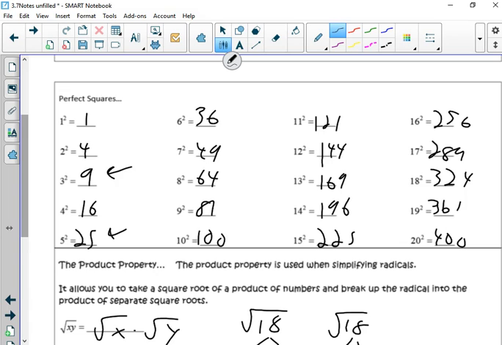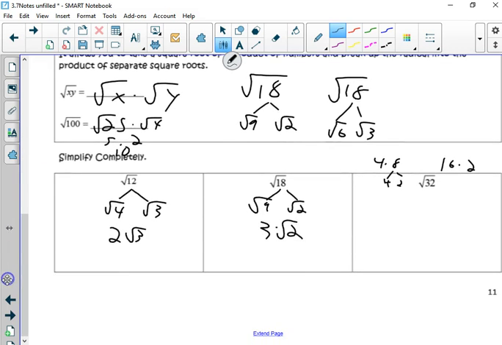Eventually you get to 4, but start at the high end, not the front end. Because otherwise you'll say, hey, I simplified it, but there might be a number still inside of it. So I'm going to use the 16 root 2, which will give me 4 root 2. I want to get there as quick as possible.